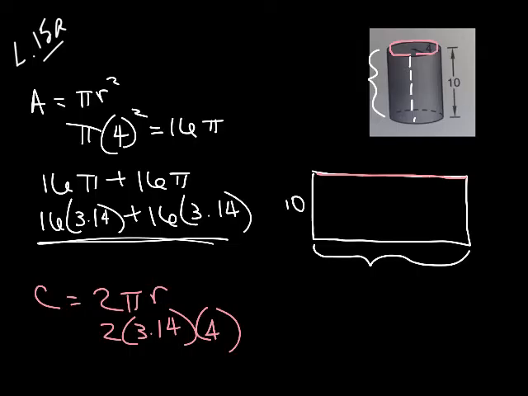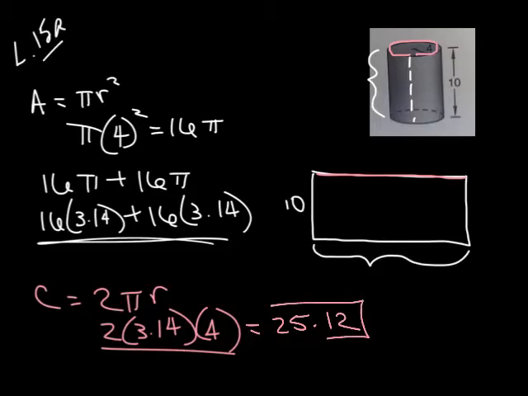And if we multiply all that together, we will get the length that goes right there. So let me do that real quick. So that is 25.12. So we have that, which is the length right here, 25.12.